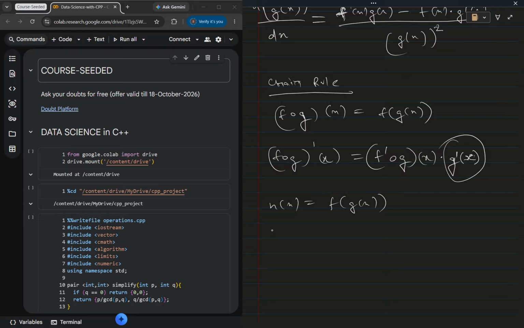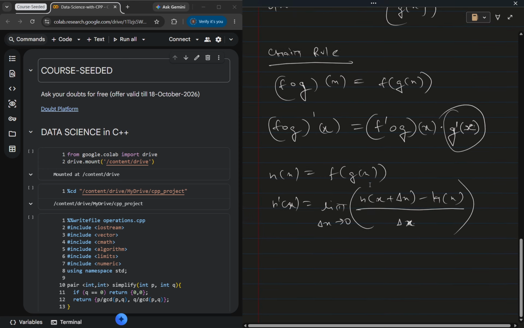Then you can say h dash x equals the limit as delta x tends to 0 of h of x plus delta x minus hx divided by delta x, which is your derivative of hx.